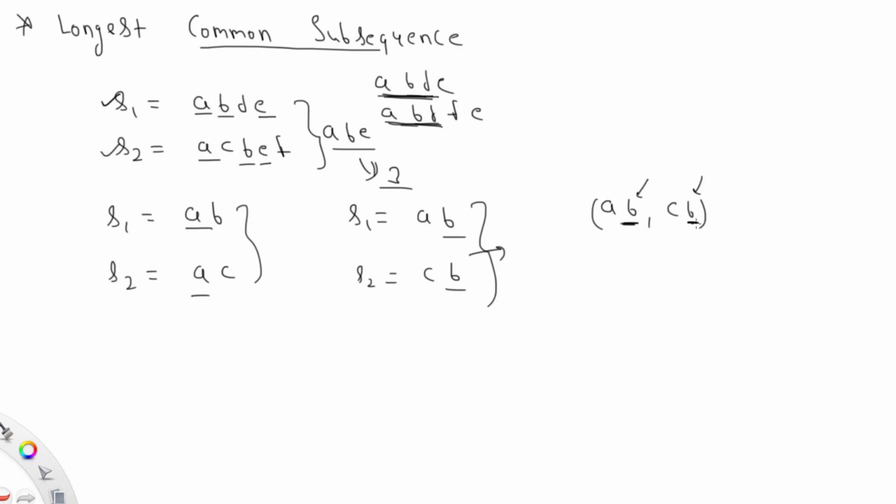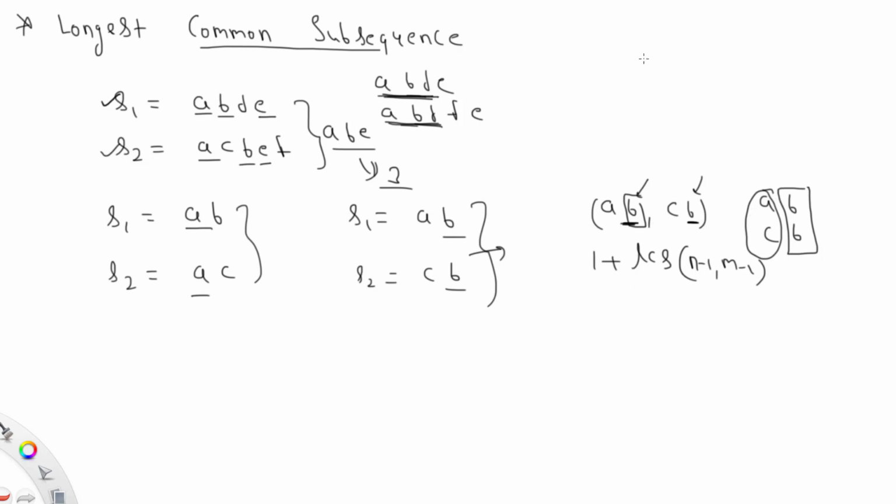If the last characters match, then it means these characters are matching, so I need to calculate the rest of the elements. So I can say 1 plus, and then again check the longest common subsequence of whatever remaining elements we have, say lengths n-1 and m-1. If the last elements are matching, then check for the other elements.